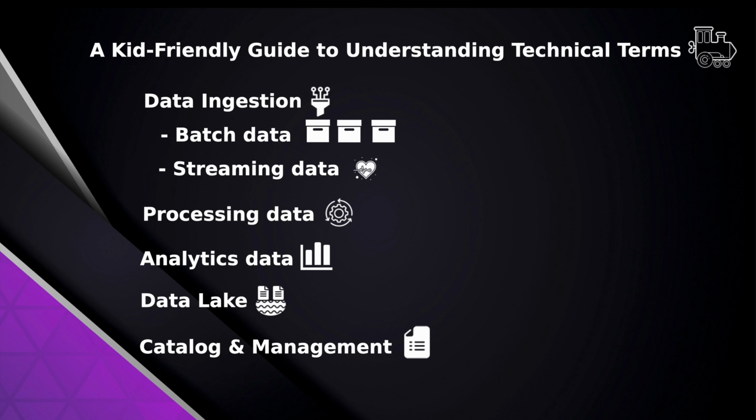Process and analytics. Processing data typically involves transforming it from one form or structure to another to prepare it for analysis. This process can be encompassed by the terms ETL, extract, transform, load, and ELT, extract, load, transform, which are two common approaches in data handling and analytics.